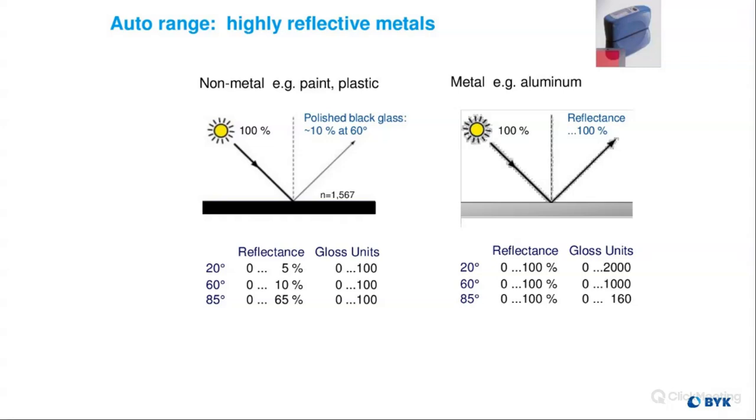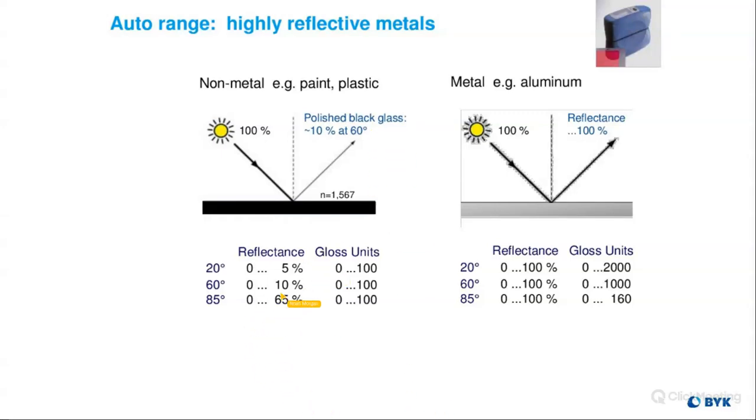Because of its ability to absorb light and refract light, truly at 20 degrees, we're not getting 100% of light back towards our sensor. We're only getting a maximum of 5% reflectance back towards that sensor.